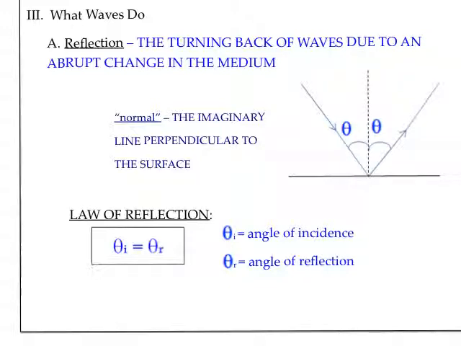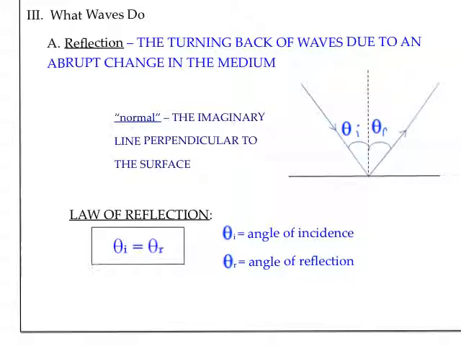When we talk about the law of reflection and the way that your wave would bounce once it hits that hard surface that changes the medium, we're going to look at two different angles. One is called the angle of incidence, and that would be like the initial angle. And then the second one would be the angle of reflection, which is the angle at which it reflects or bounces back.